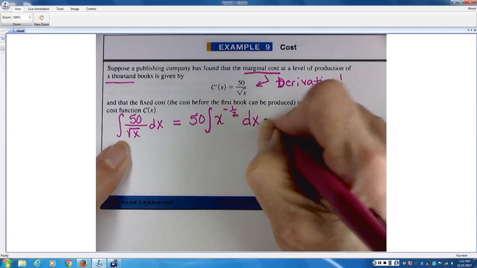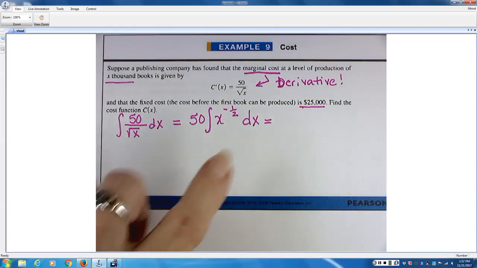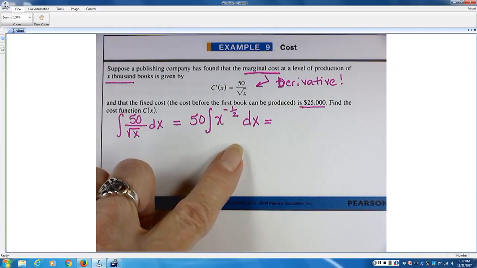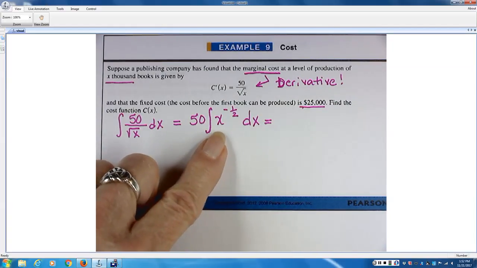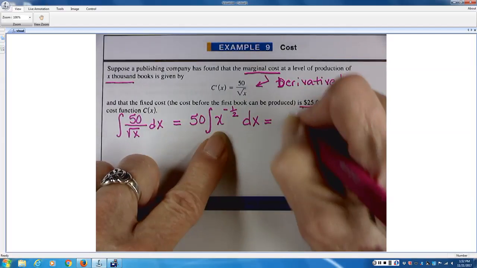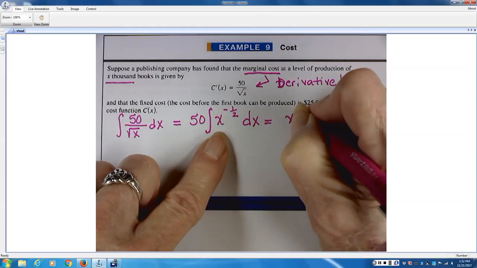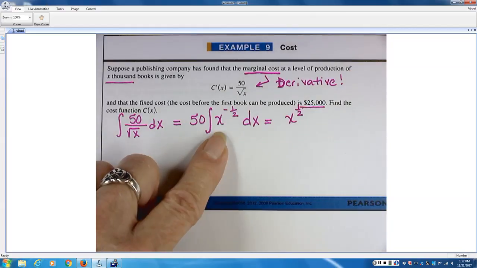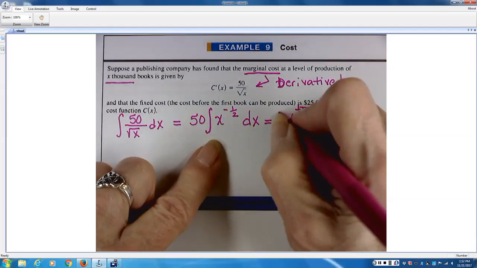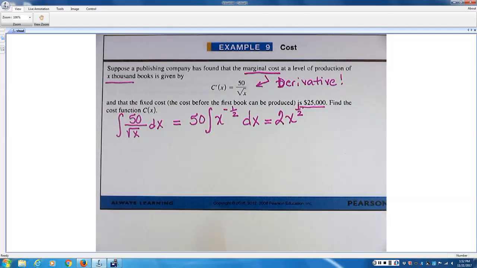And then that means that's going to be equal to the antiderivative of X to the negative 1/2 power. Negative 1/2 plus 1 is going to be X to the positive 1/2 power. And then we're going to divide that by 1/2, which is the same as multiplying it by 2.